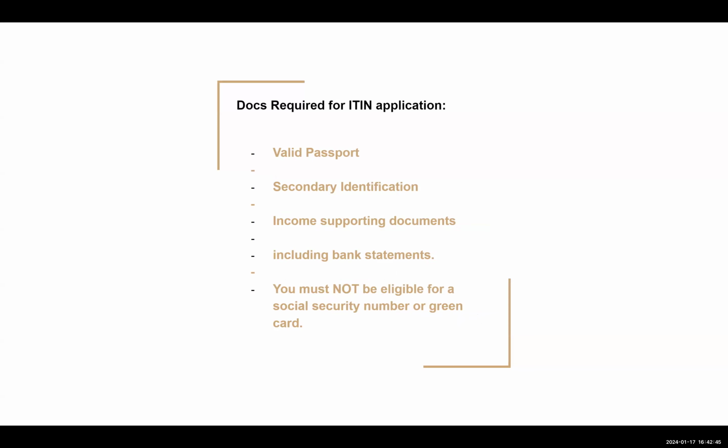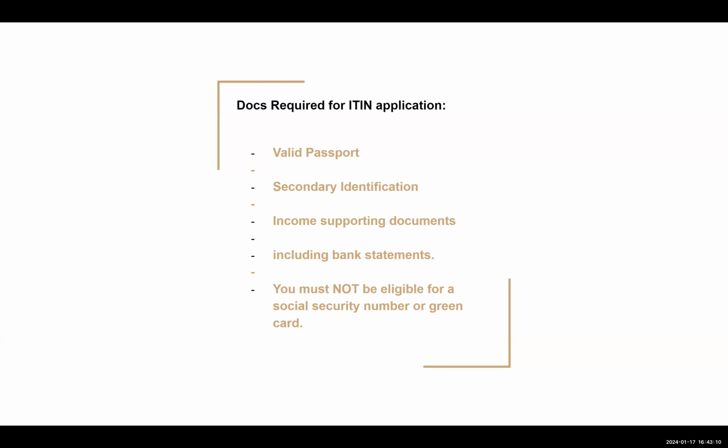All right. So documents required for an ITIN: a valid passport or foreign government-issued ID, and a secondary identification. It could be something with your name and address on it. It could be a secondary photo ID as well. And some income supporting documents.